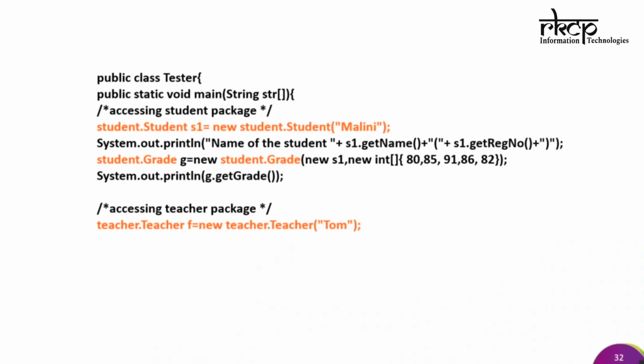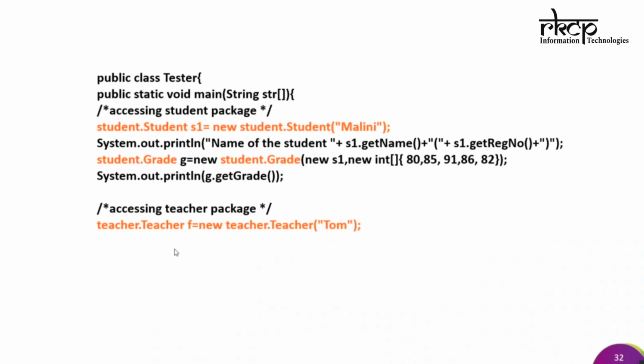If it is not public, then you will not be able to use it in other packages. If you are asked to create an object of Student, then use the package name, dot, the class name, and in this way you will create it with new, package name, dot, class name. So everywhere, if you want to use any class of the student package, you will call it like this.